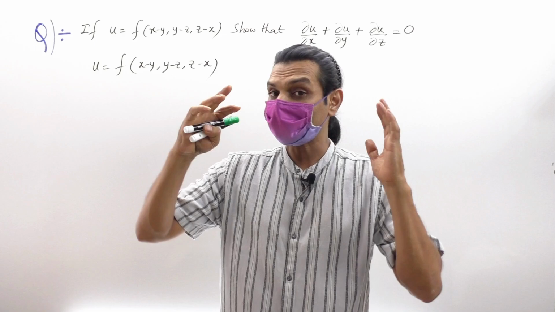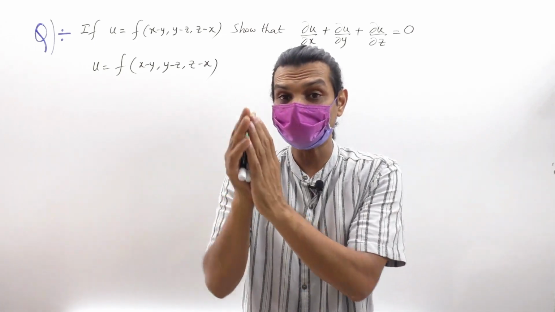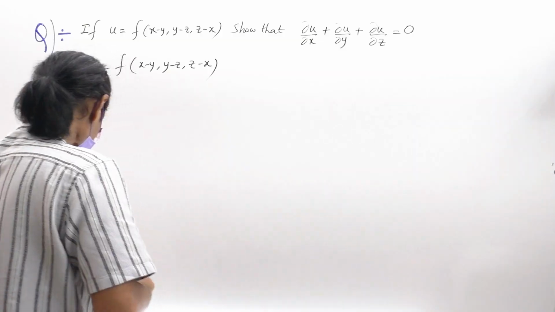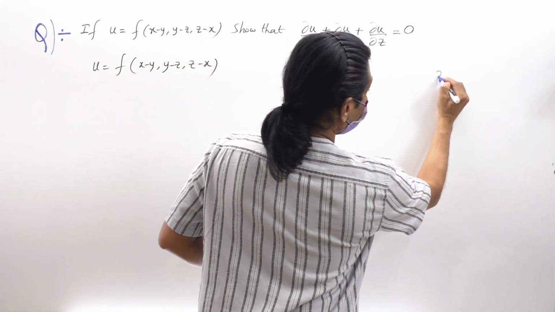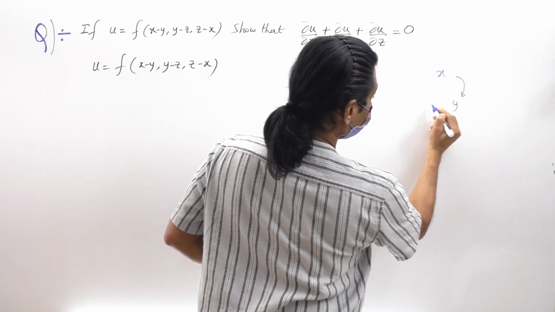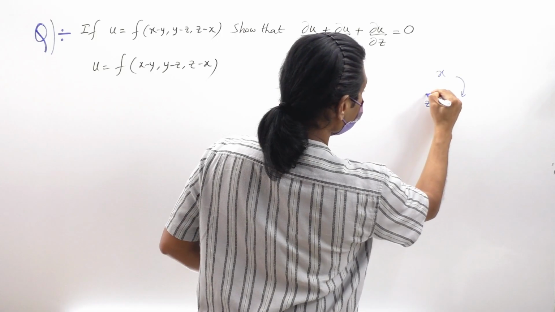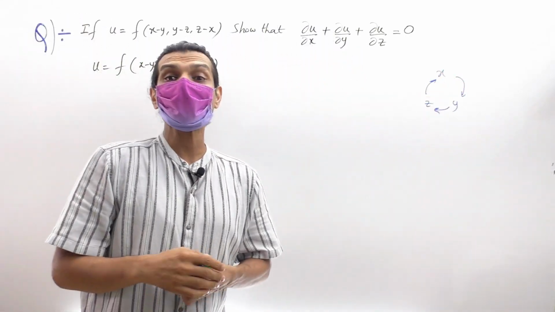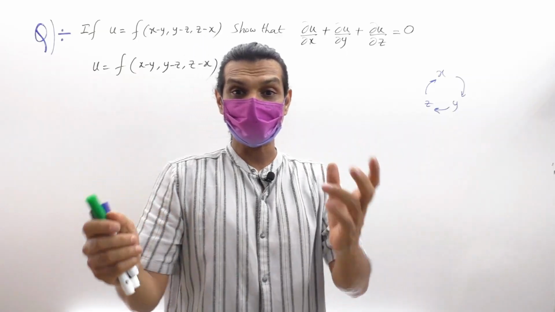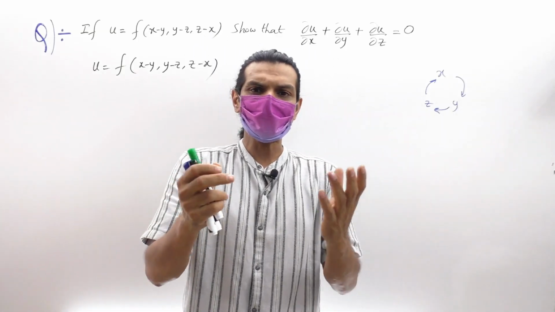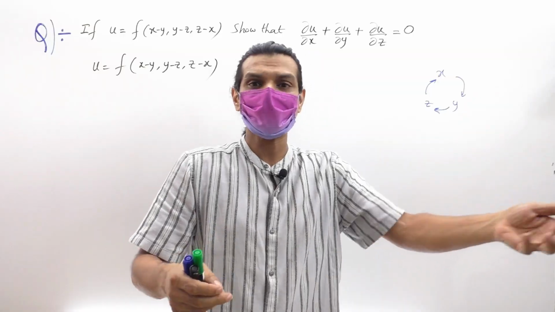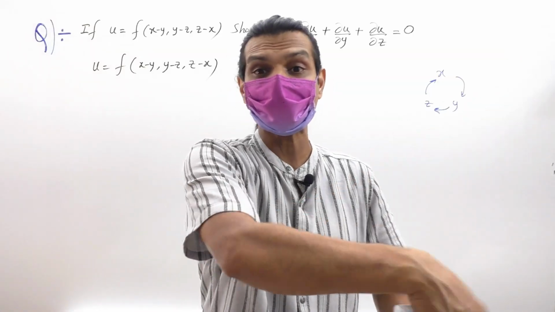That is, in the given question, if you change x to y, y to z, z to x, the question remains the same. Such functions are called symmetrical functions. The beauty of symmetrical functions is that you find only one partial derivative, and then simply change x to y, y to z, z to x. There is no need to keep on finding the other partial derivatives.